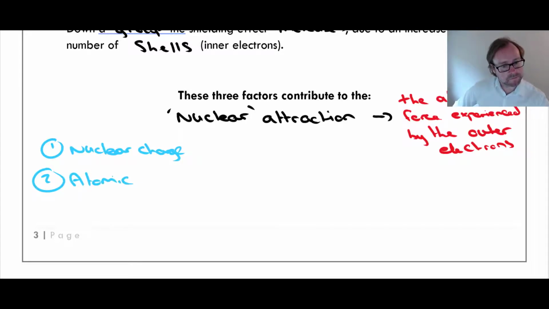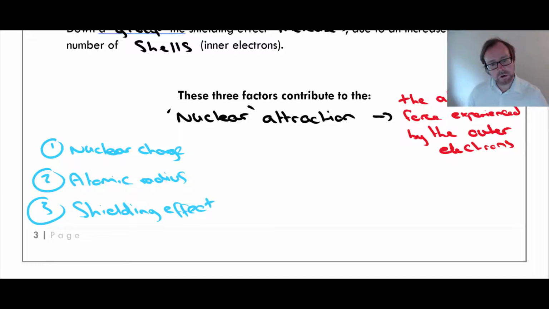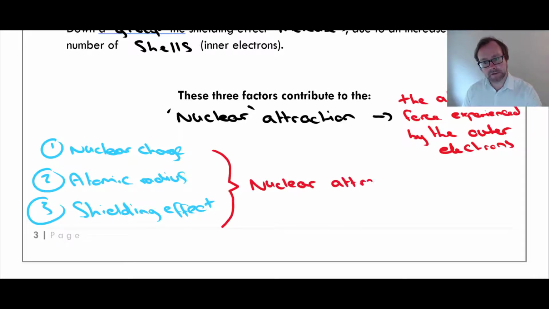Atomic radius and shielding effect all combine to give our nuclear attraction.